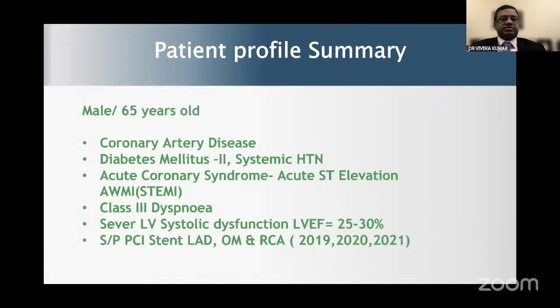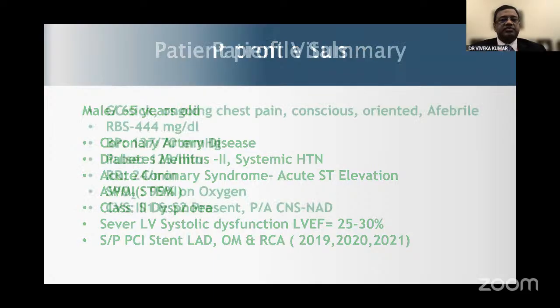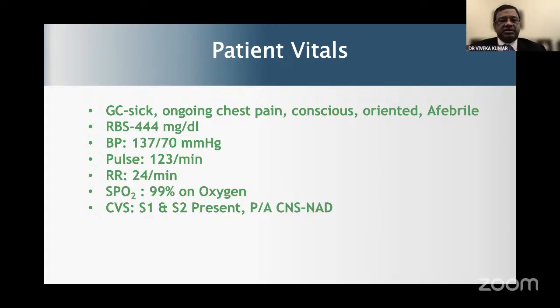This is the first case, which is a 65-year-old gentleman, had coronary artery disease, diabetic, hypertensive, had acute coronary syndrome, ST elevation myocardial infarction, and had dyspnea, severe LV dysfunction, ejection fraction was low, and had previous stenting to LAD, OM, and RCA in 2019, then 2020, and 2021. He was a drug defaulter also. General condition was sick, he was conscious, and sugar was also high.